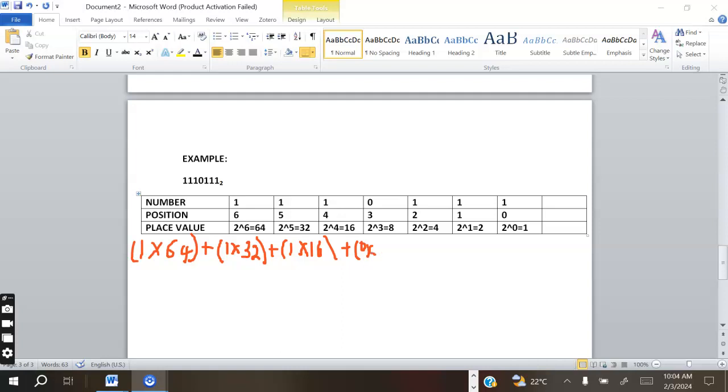On this part you need to be a little bit careful so that you don't miss our digits. Plus 1 multiplying by 4. Then we have 1 multiplying by 2, and our last one we have 1 multiplying by 1.